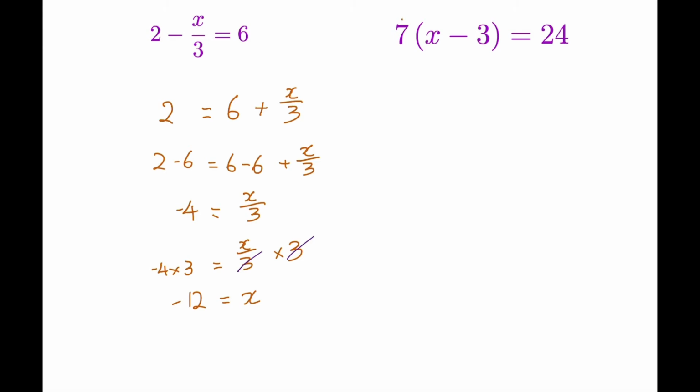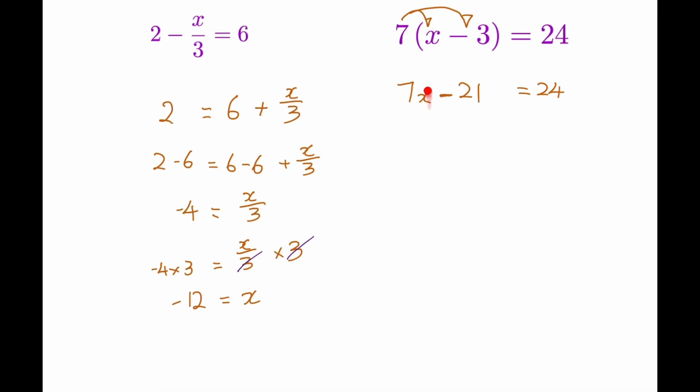Like this, 7 goes to here and also to negative 3. Cool. So 7 times x will be 7x. How about 7 times negative 3? One is positive, the other one is negative, so of course it makes negative first. 7 times 3 is 21. Nothing's left, you just write it.